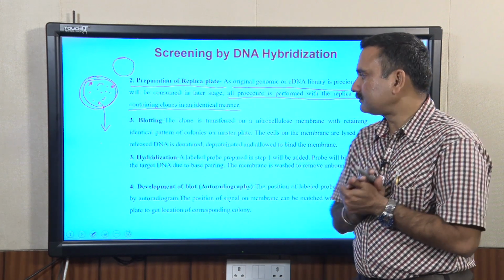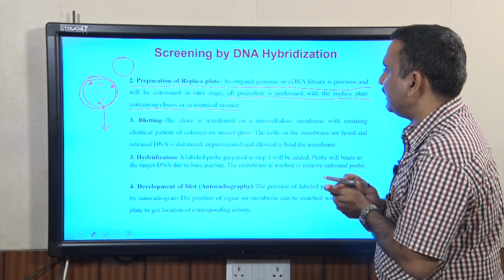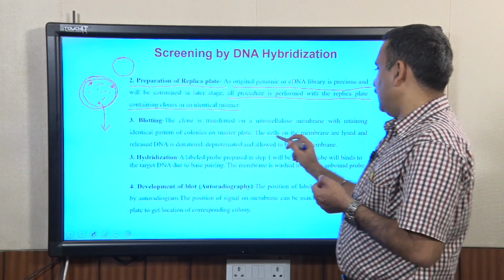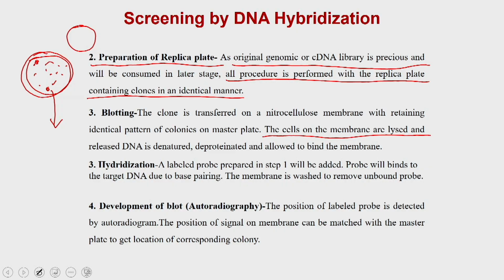Once your replica plate is ready, you have to lyse the cells which have been transferred onto the membrane, release and denature the DNA, remove the proteins, and then allow the DNA to bind to the membrane.